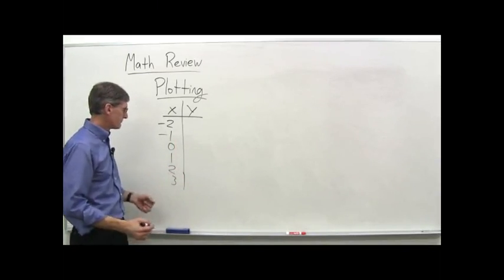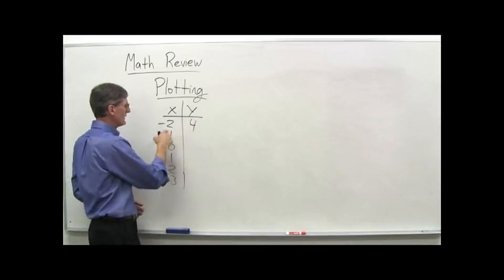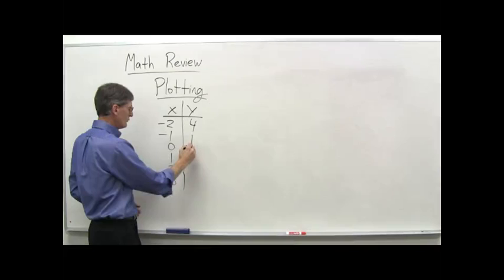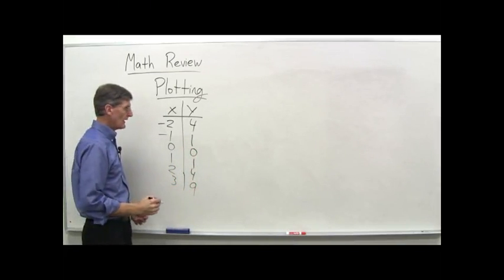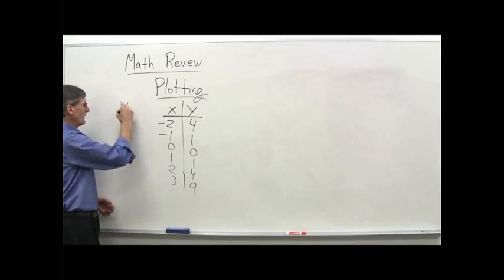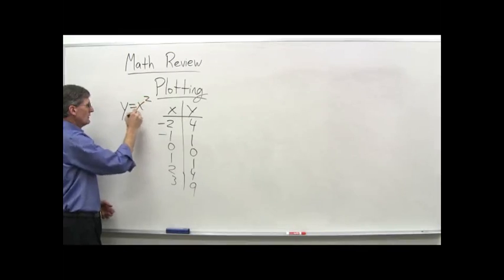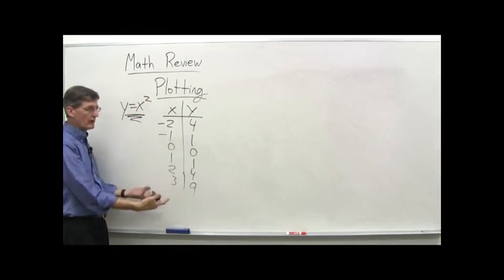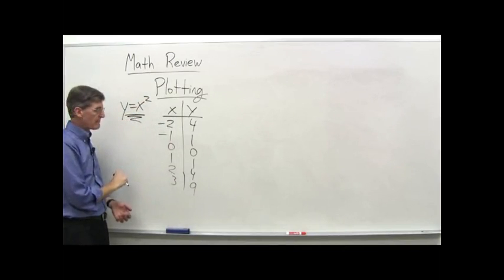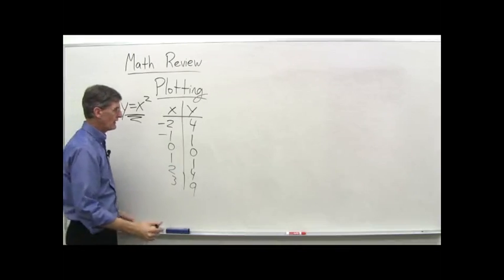In this case, when x is -2, y is 4, 1, 0, 1, 4, 9. You may recognize this as y equals x squared. In other words, take the value of x, square it, and that gives us y. So that's my xy data.